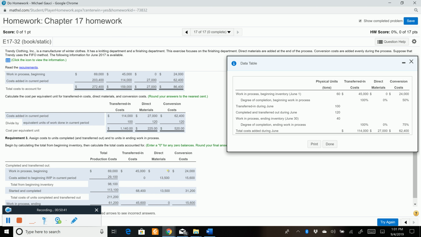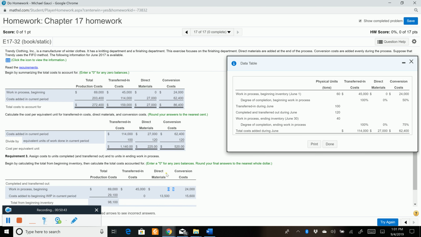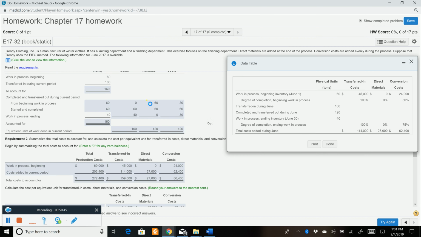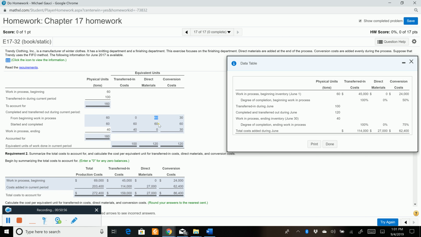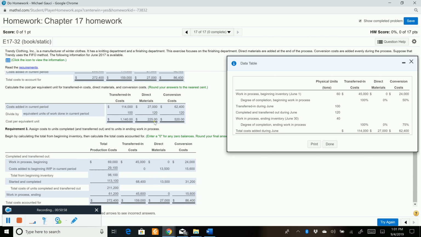The beginning WIP we said was 0. Now how about from the beginning WIP, completed and transferred? What was the equivalent units for direct materials? 60. 60 times 225, that will give us 13,500.